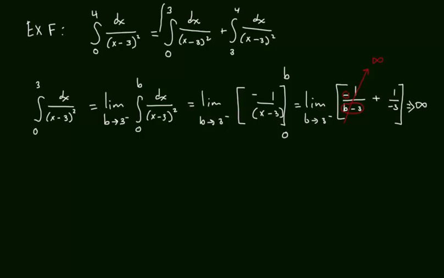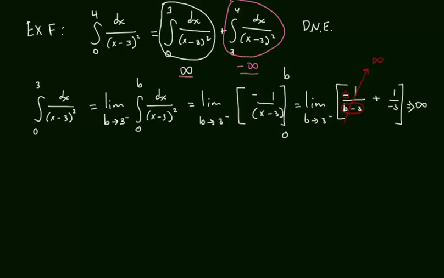So if I look at this one, and this comes out to be infinity, I know right now, case over, that this integral does not exist. Sometimes people ask, well, what if I worked out this one? And what if this comes out to be negative infinity? You cannot say that infinity plus negative infinity is equal to 0.